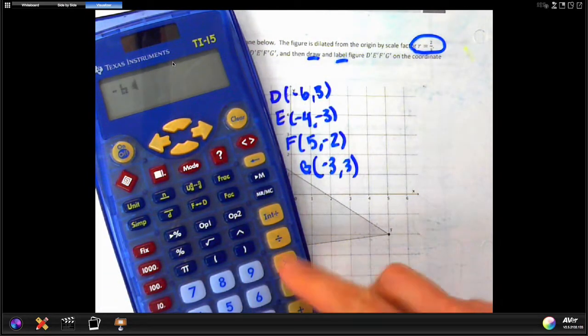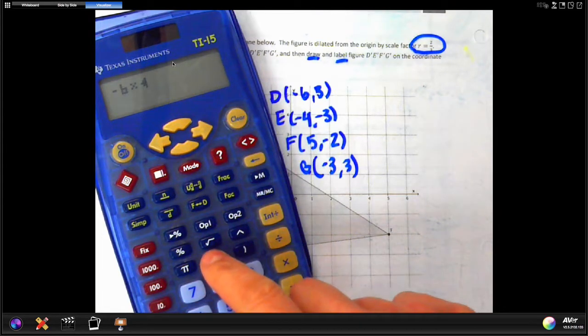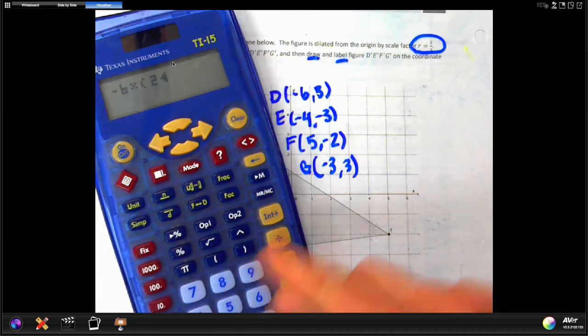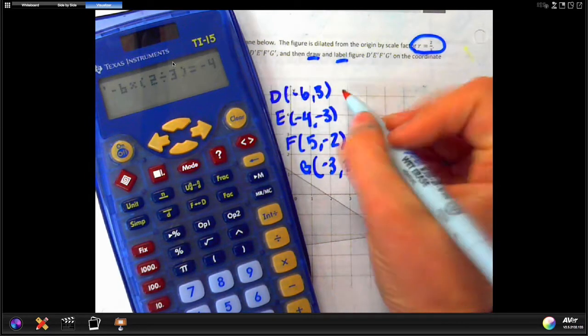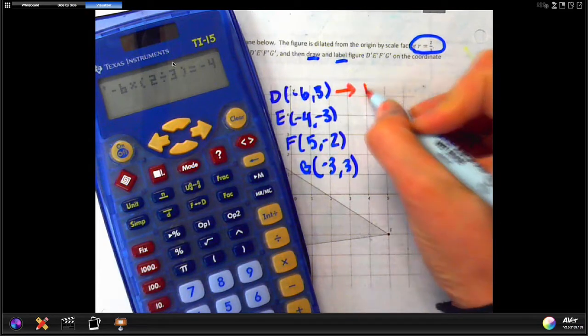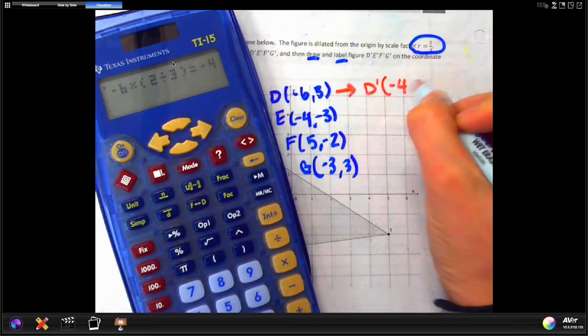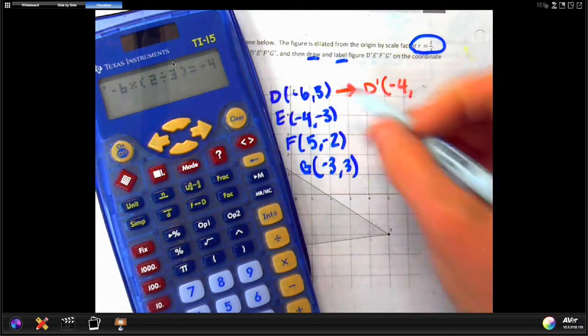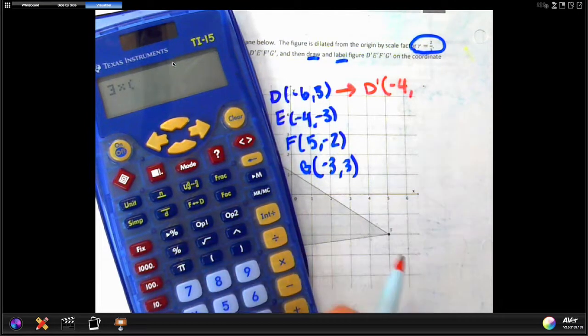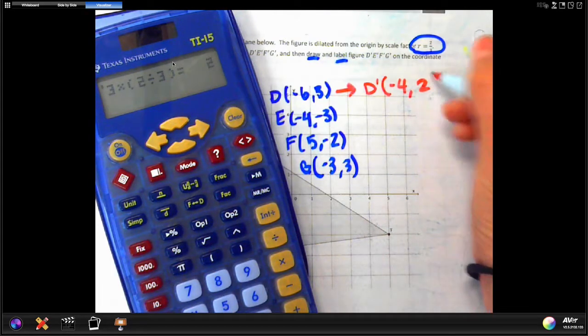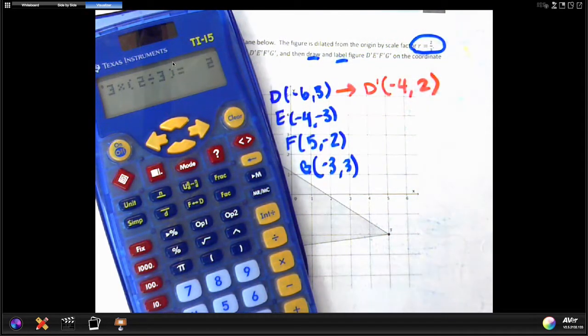Negative 6 times, and we want to do parenthesis, 2 divided by 3, end parenthesis, and that's how we do it. So our D prime is going to be negative 4 as our first answer, comma, and then we would type in 3 times 2 divided by 3, and we get 2. And that's how we get our ordered pairs using our calculator.